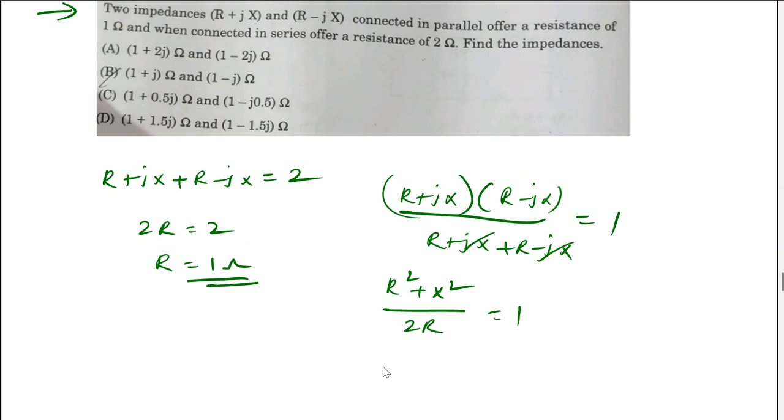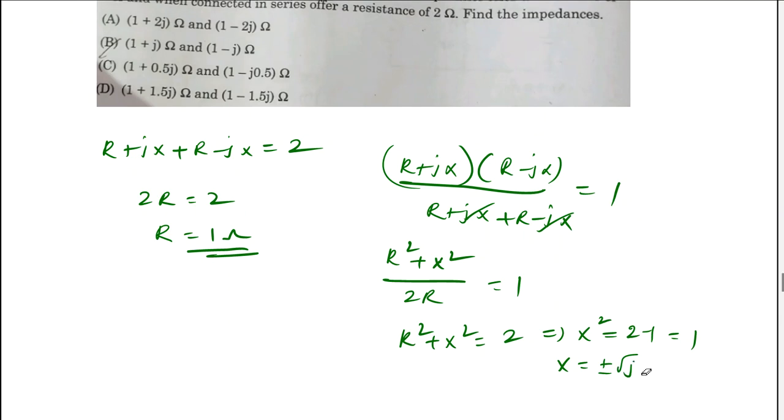We know that R value is 1 here. So R square plus X square is equal to 1 into 2, which means 2. From the R square value, we can say X square is equal to 2 minus 1, which is equal to 1.